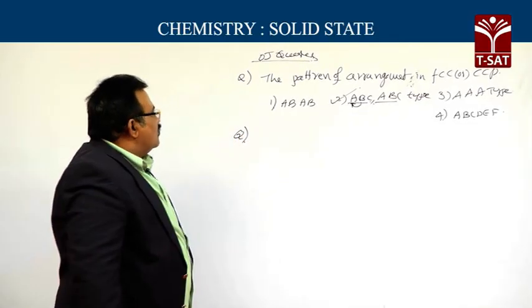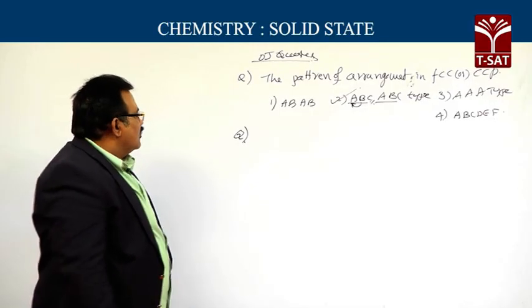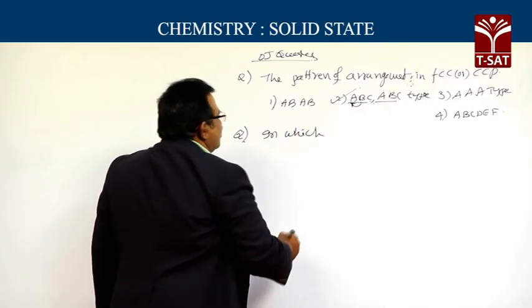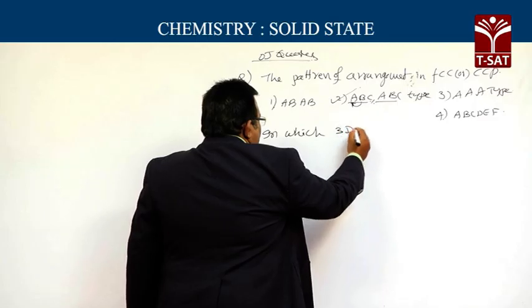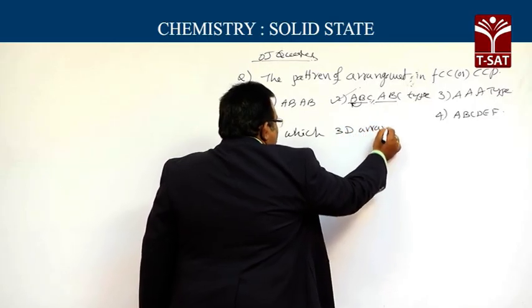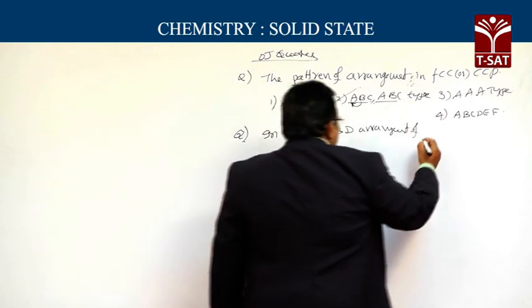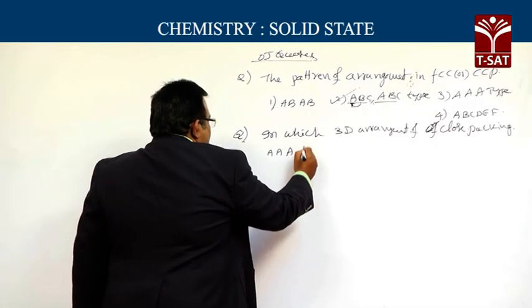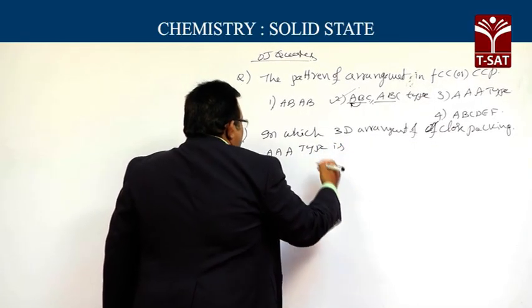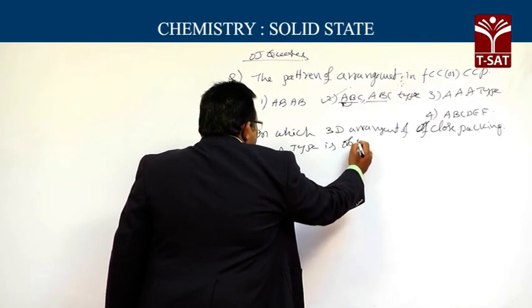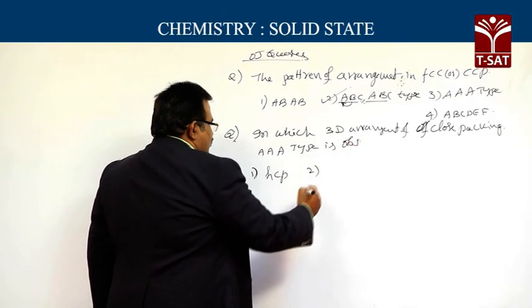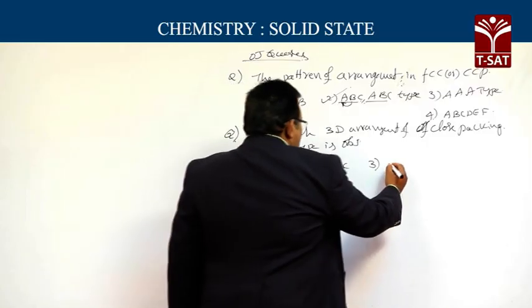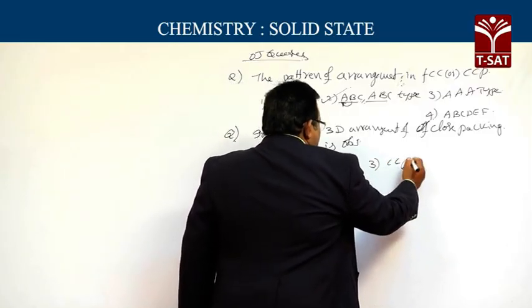Let us take one more question. In which 3D arrangement of close packing AA type is observed? HCP. Second option is FCC. Third option is CCP.